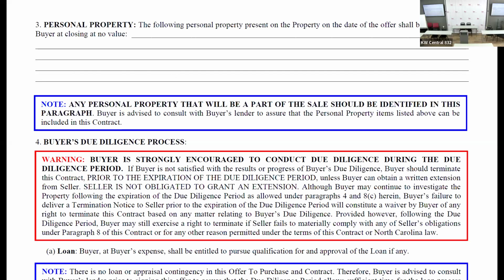So personal property, again, is anything not included in the list of fixtures. This would be any curtains, draperies, refrigerator, countertop microwave that is not built in, a window air conditioner.